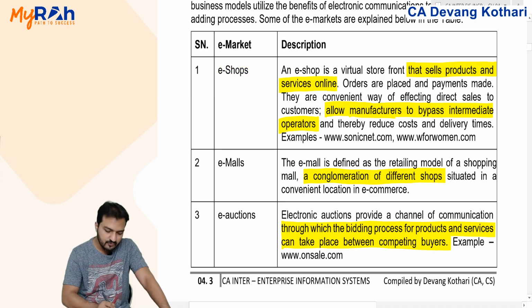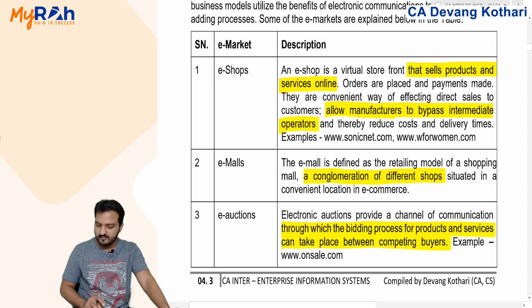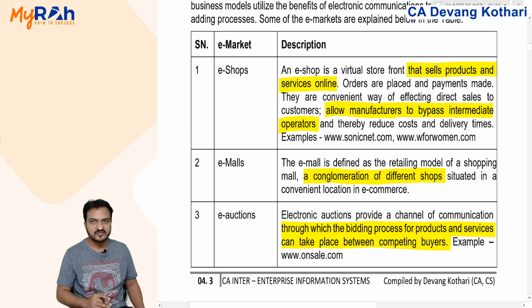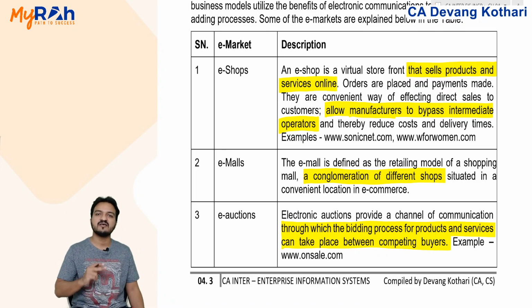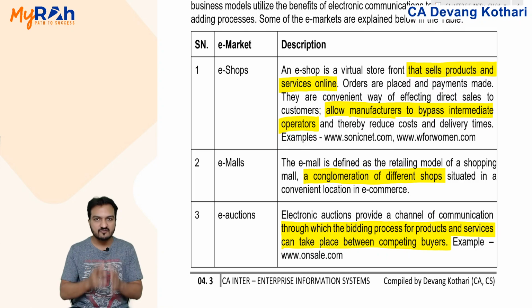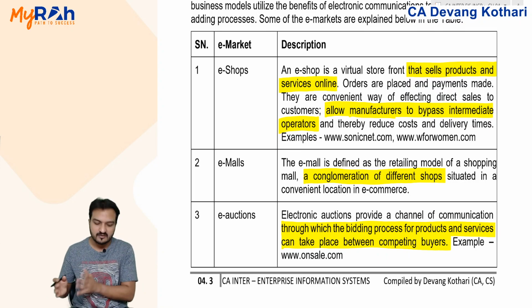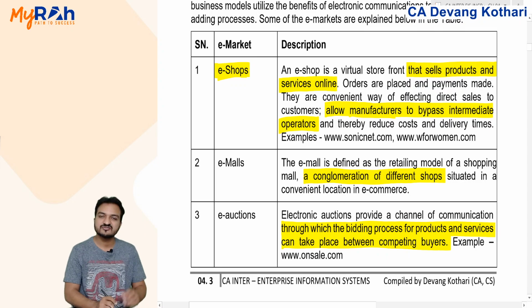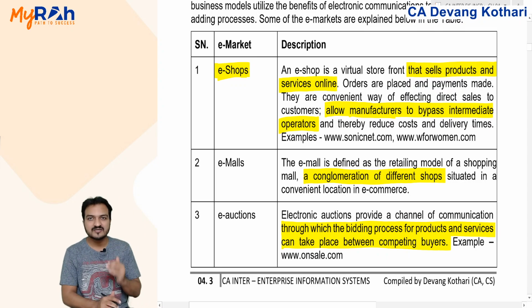E-shops. Now, e-shop is basically the e-commerce which is run by a manufacturer, where manufacturer will sell his products directly online. For example, Samsung selling Samsung phones on the Samsung website, that becomes e-shop. It is not Amazon, because Amazon themselves are not manufacturers.